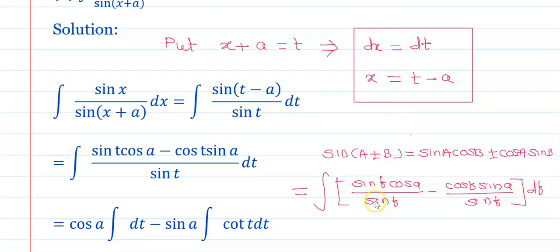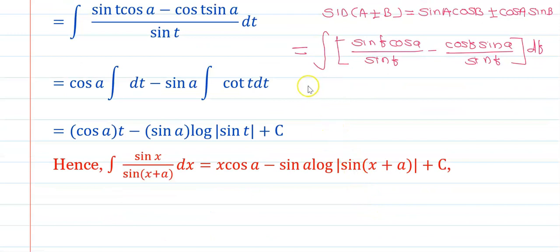Sin t will get cancelled, and here you will get integral in bracket cos of a minus, here cos t upon sin t, and that will be the cot t. First I will write here constant sin a into cot of t bracket complete into dt.